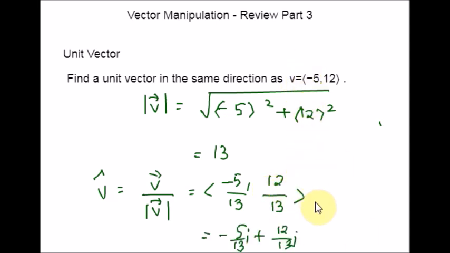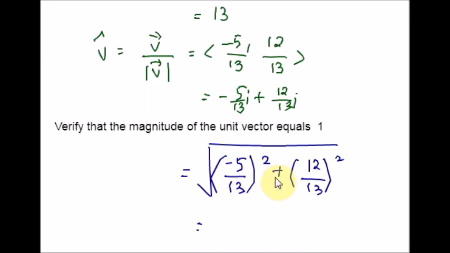After finding the answer, you can also verify that the magnitude of the unit vector is equal to 1. So the magnitude of this one, -5/13 i + 12/13 j, you can find by using the square root formula: the square root of the square of this one and the square of this one. So this becomes 25/169 + 144/169, which is 169/169. The square root of 1 is 1.